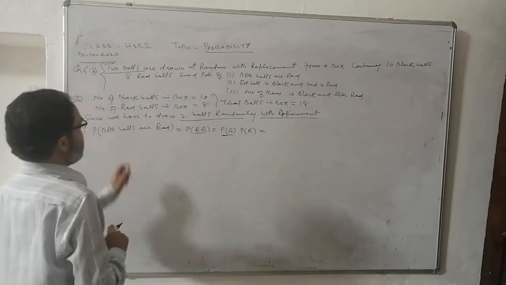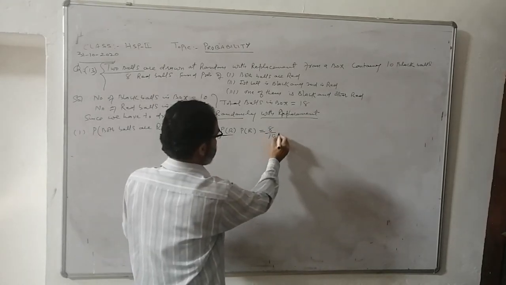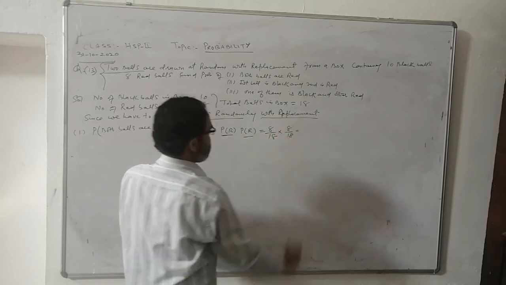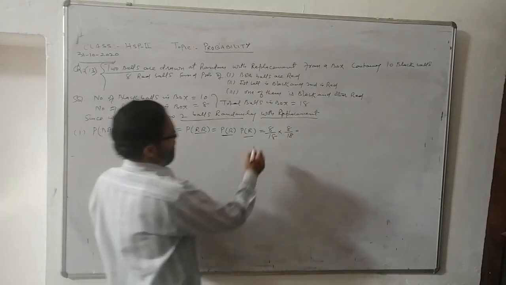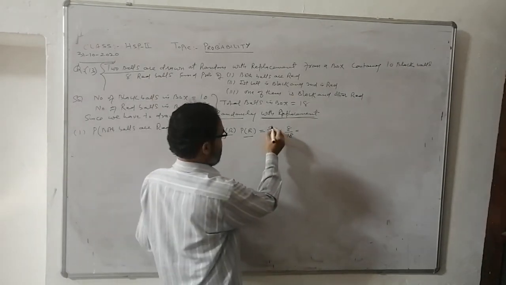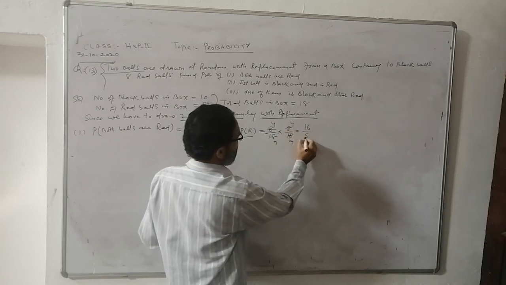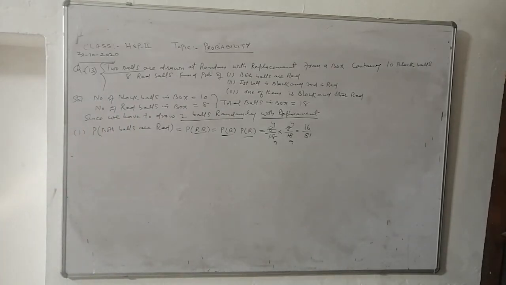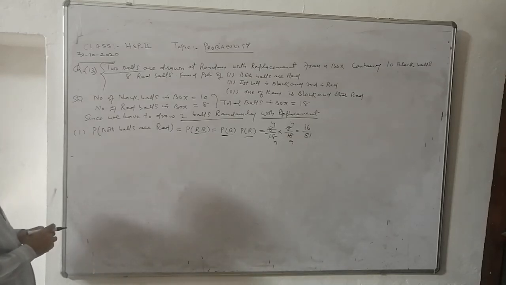I have 8 red balls and 18 total balls, so 8 upon 18, because we have to replace the ball into the box. So 16 upon 81 will be the probability of the two balls drawn randomly out of the box with replacement being red.